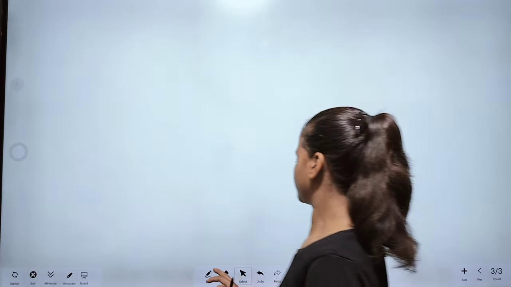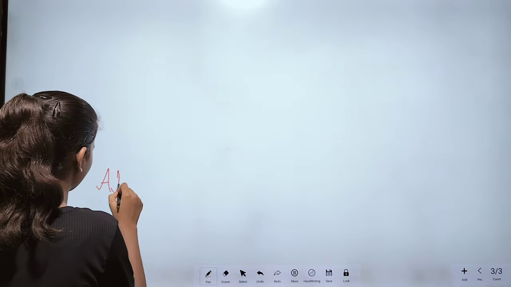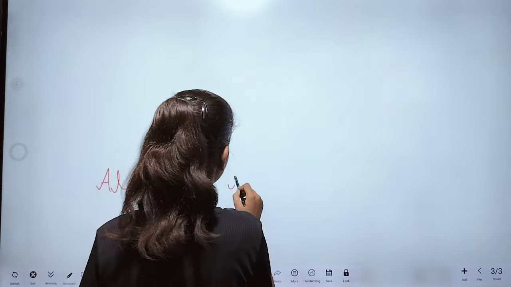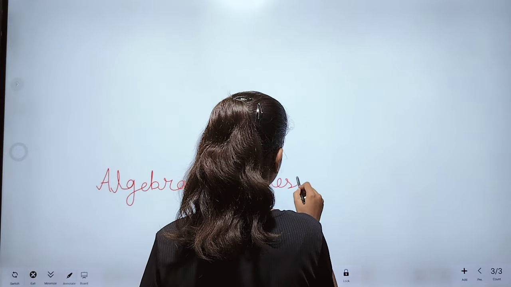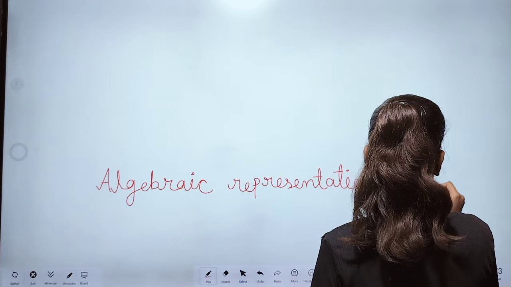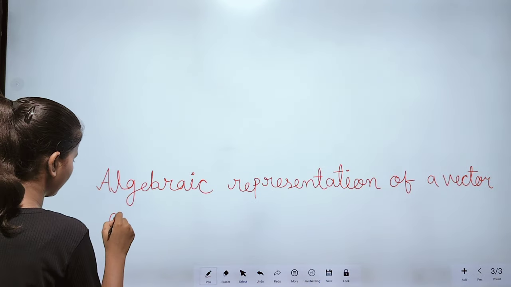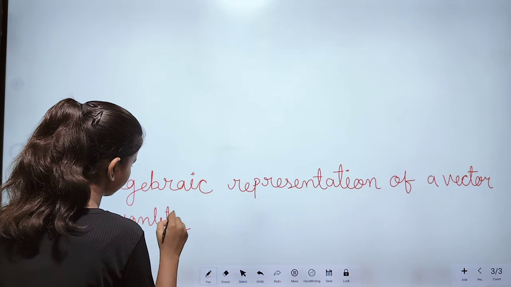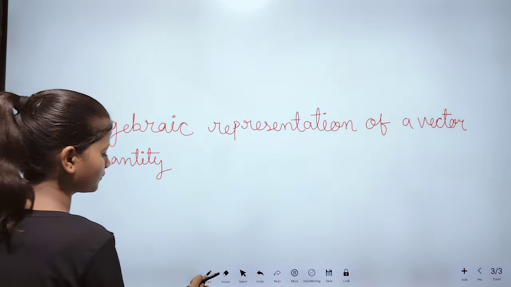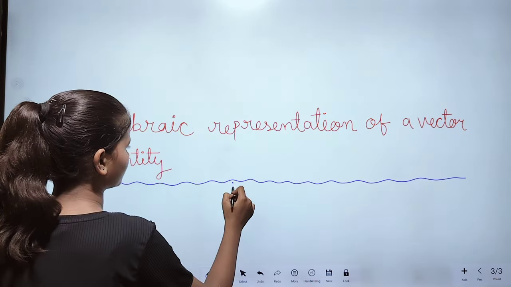Okay, now let's see the algebraic representation of a vector quantity.